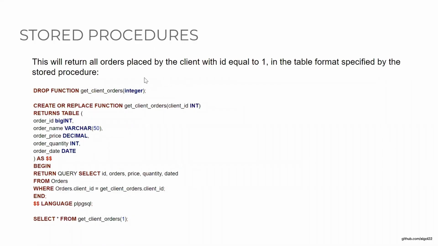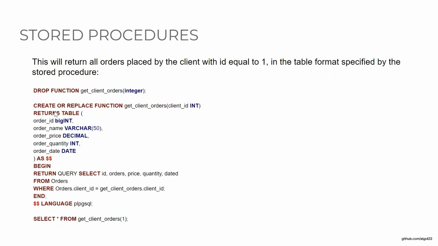Stored procedures are functions that we use to return specific data. In this example, we use the function getClientOrders, and we return orders of specific clients, and we use client ID as a parameter.